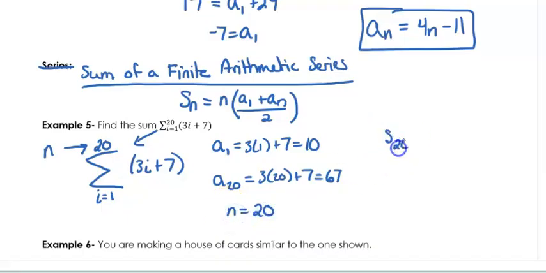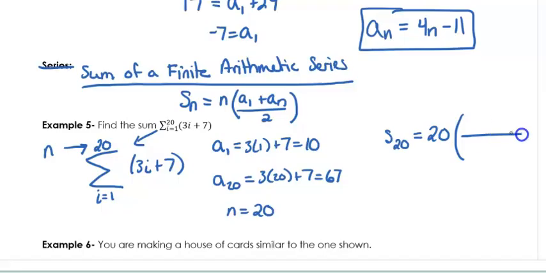So to find the sum of the first 20 numbers in this arithmetic sequence, I could list them all out. So I could sit here and find the first number, second, third, fourth, all the way to 20 and add them up. But the shortcut is by using this formula. So it says to find the first 20 term sums equals n is 20. That means we're adding 20 terms.